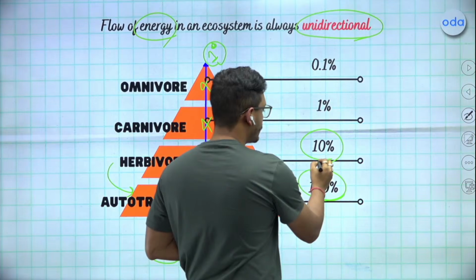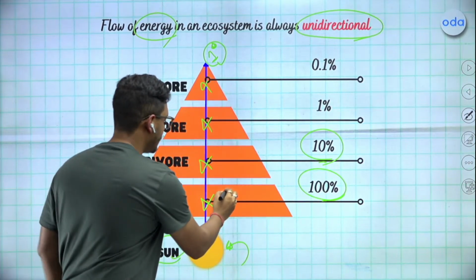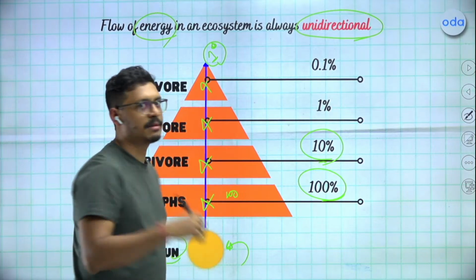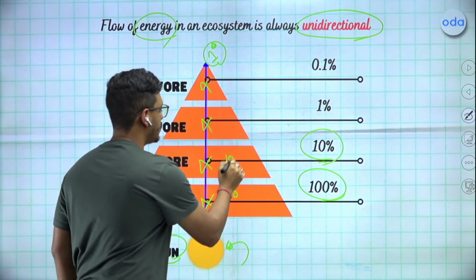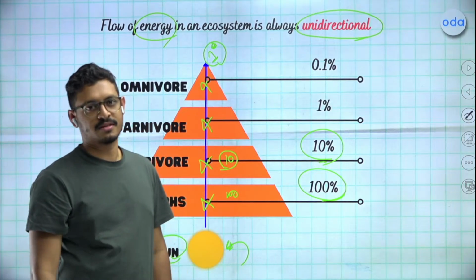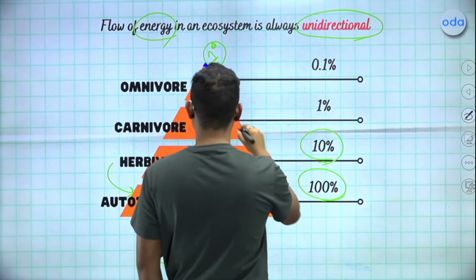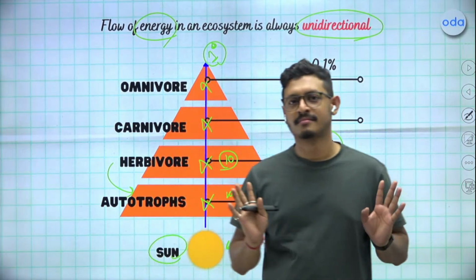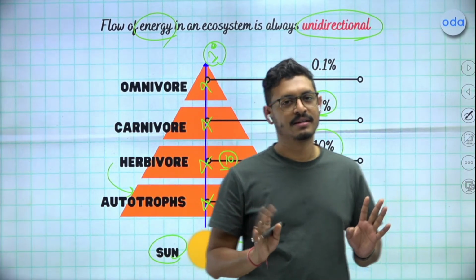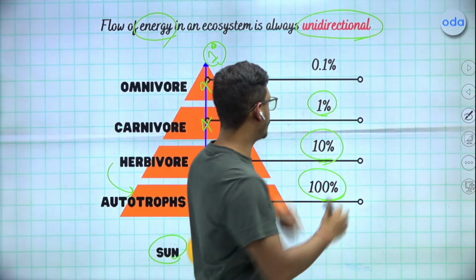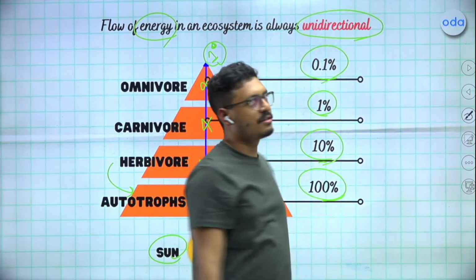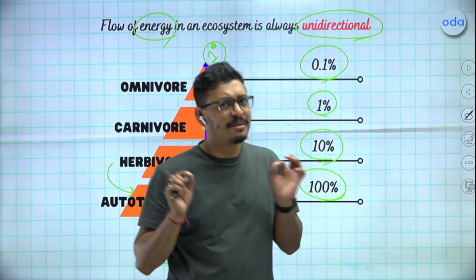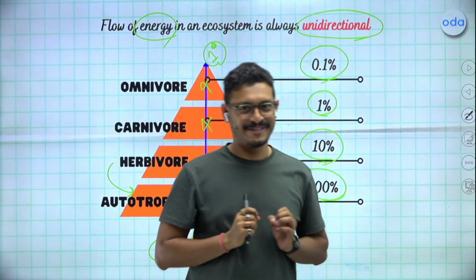So herbivores, when the total energy is 100 and it goes into the herbivore level, herbivores will only be able to enjoy 10% of it. Same rule applies again when it goes to the carnivore level, again, only some percentage of it. Okay, so it will keep on going, and eventually it will get to your omnivore or apex predator level, and you get very little amount of energy out of it, by the way.